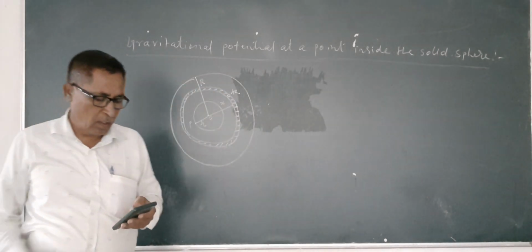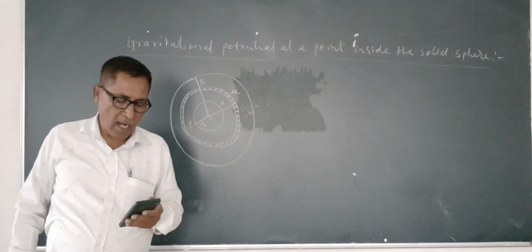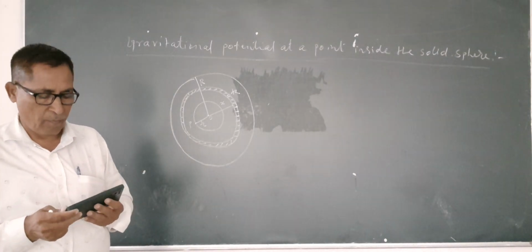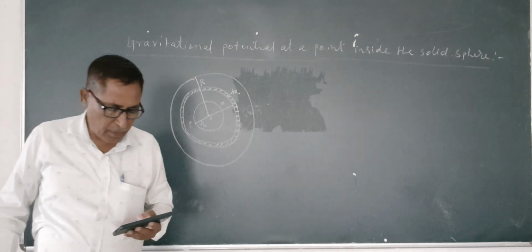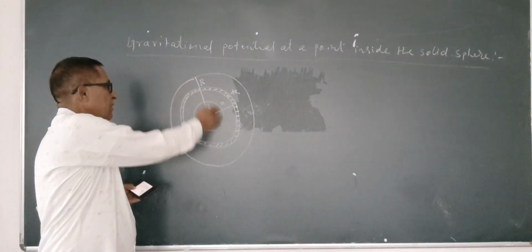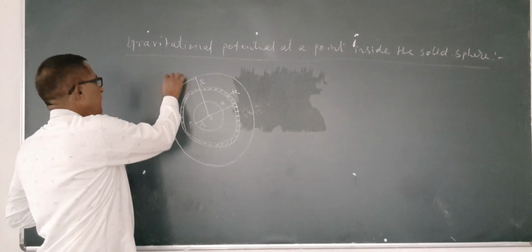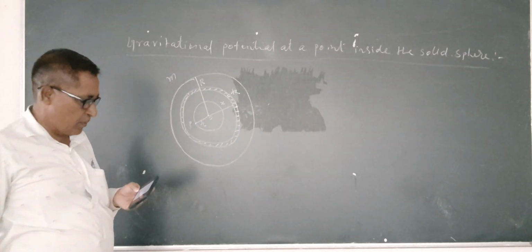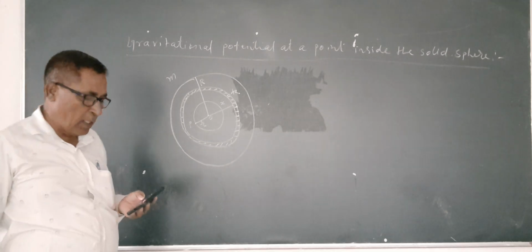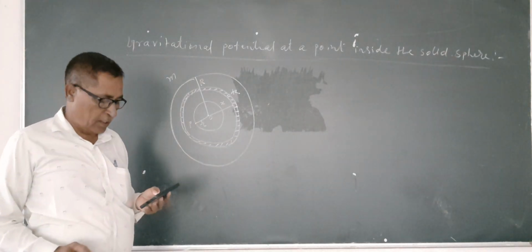Now let us consider R to be the radius of the sphere, and M the mass of the sphere. Let the point P lie inside the solid sphere.